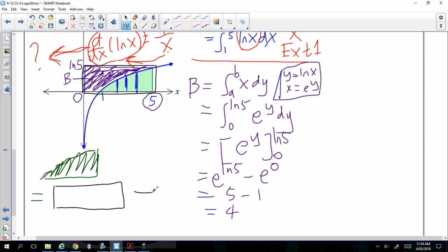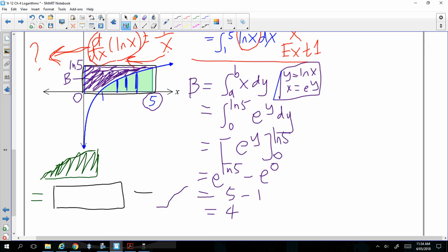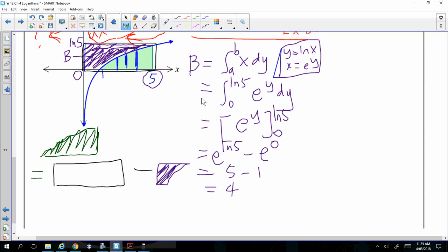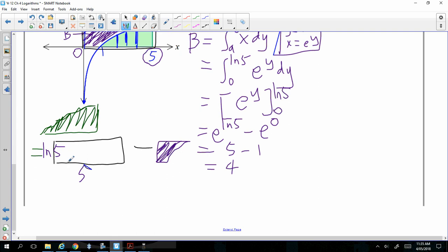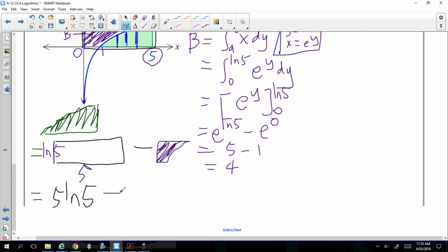Right? So what's the area of the rectangle? Length times width, so you get 5 by ln 5, right? So the area will be 5 times ln 5, length times width, minus the area of the purple, which is 4. Yeah, that's the answer, okay? That's the area of the green. Square units.